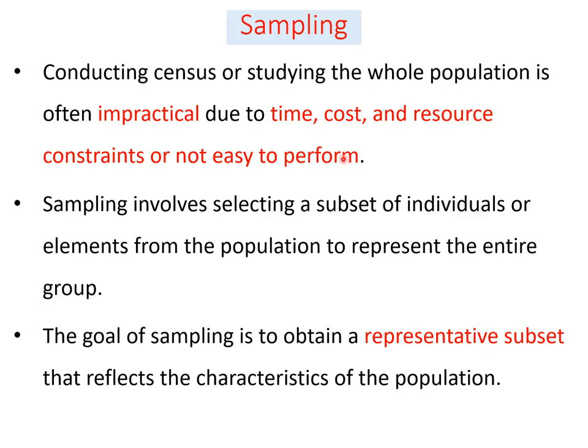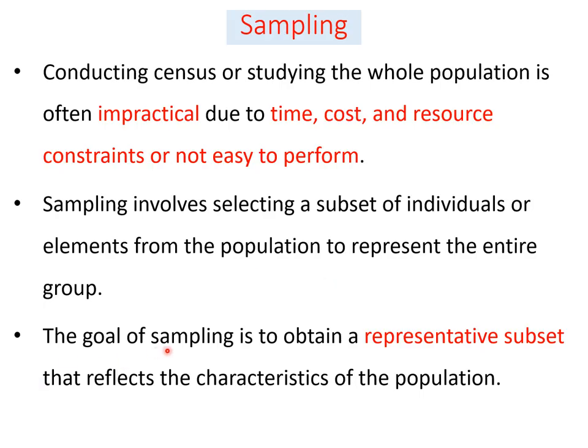Due to that, sampling is the best option, because sampling involves only a subset of individuals or elements from the population, but they represent the entire group that the sample is drawn from.